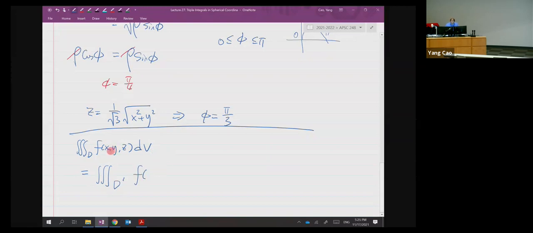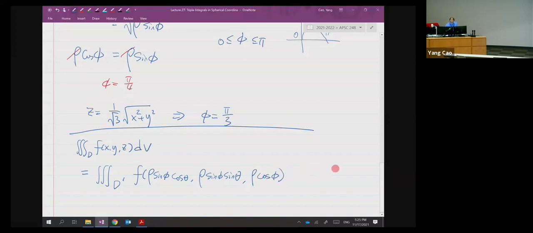So what do we do? We replace x with rho sine phi cosine theta, y with rho sine phi sine theta, and z with rho cosine phi.